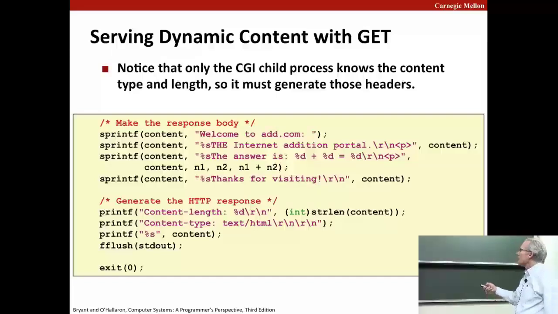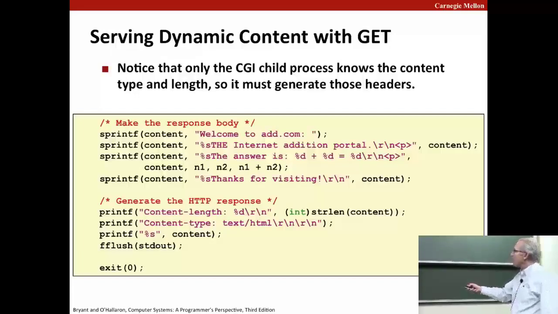And here it's pretty mundane. The only actual HTML in here are the P's, meaning paragraph markers. So this is literally generating HTML content and storing it all in a string called content.